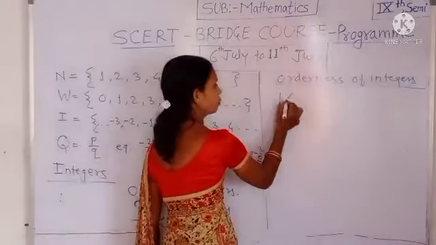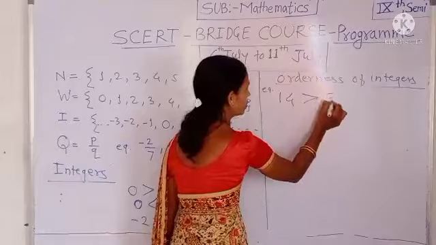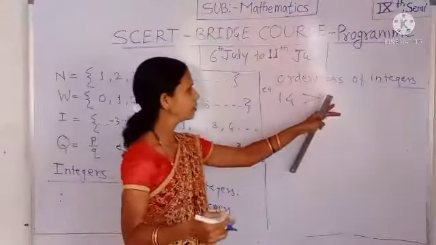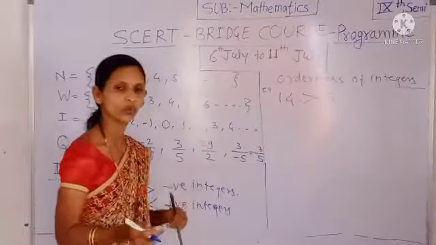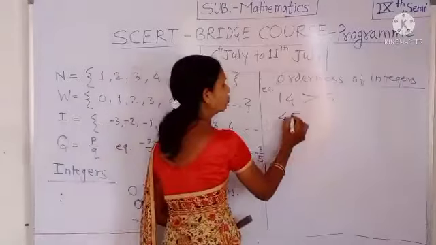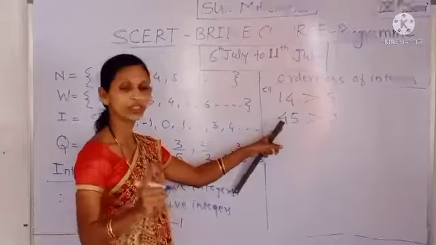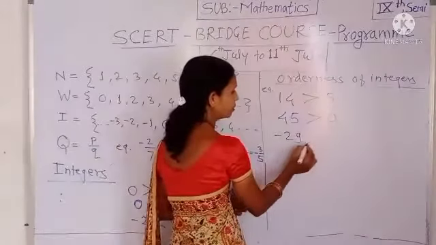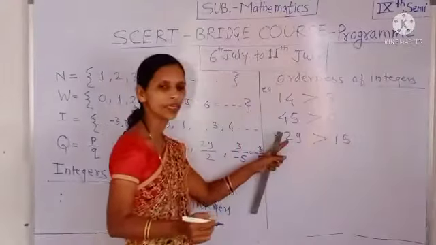Then see here a few examples of it. 14 is always larger than 5 because 14 is on the right hand side of 5. Then 45 is greater than 0 because 45 is a positive integer.